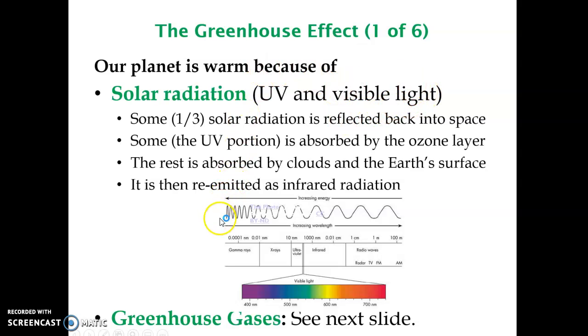So you can see that energy comes in waves, and the waves may be more frequent, which is higher energy, or of lower frequency, which is less energetic. So things on the left of this particular diagram, things like gamma rays and X-rays and ultraviolet radiation, are higher energy.